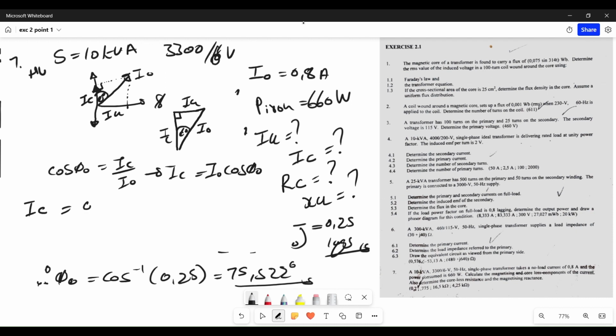IC is equal to IO, which is 0.8, times cos of phi O, which is 0.25. Therefore, IC is equal to 0.2 amperes.